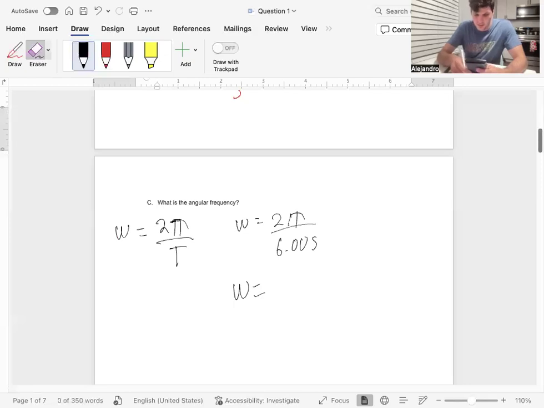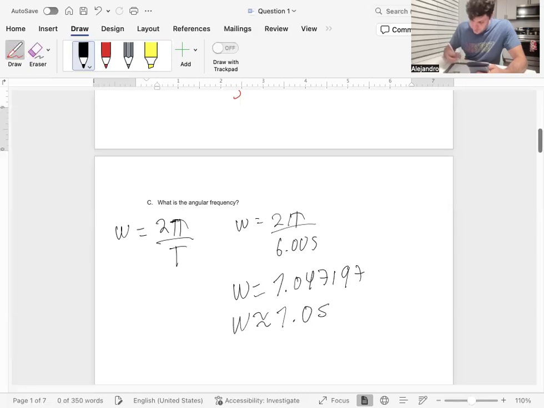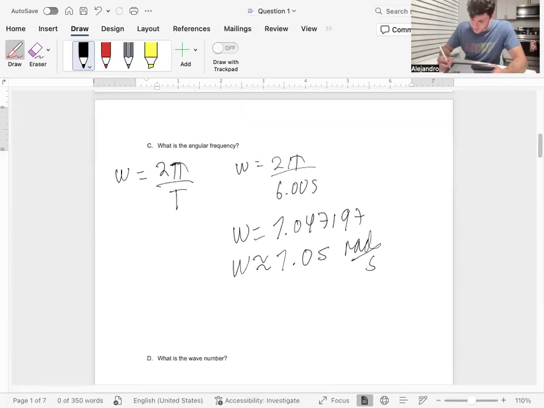We calculate 2 times pi over 6, roughly 1.05 radians per second. Okay, that's the angular frequency.